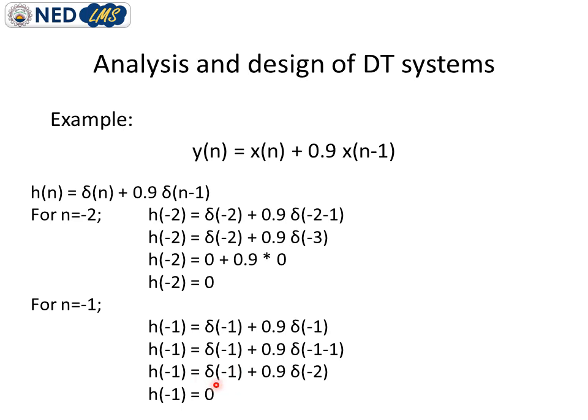So the overall result at h of -1 will be 0. So we are getting actually the impulse response at different instants. We already get impulse response at n is equal to -2 and at n is equal to -1. Now we are proceeding with different values of n.